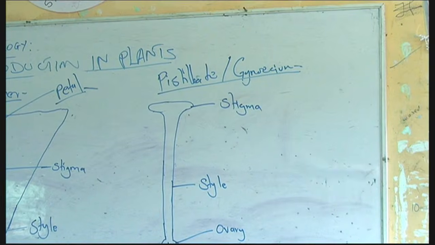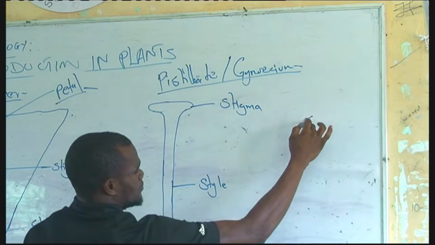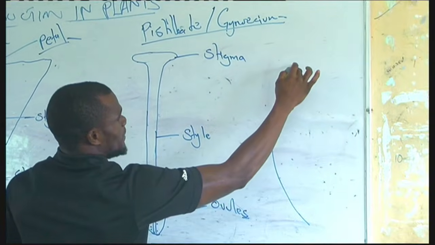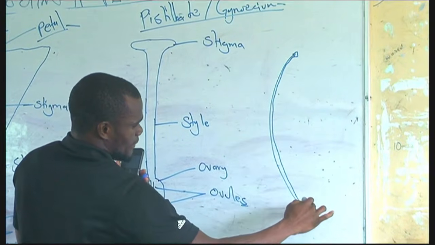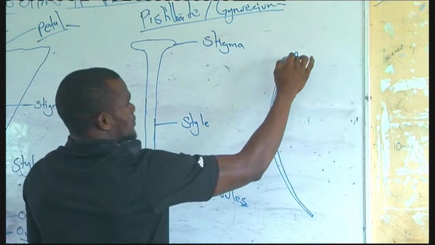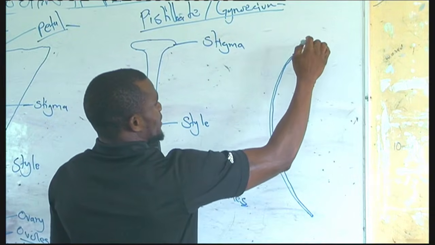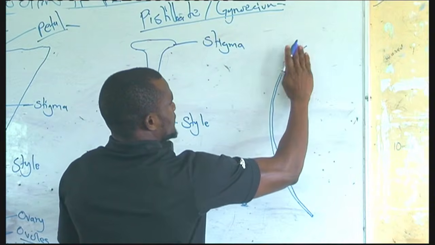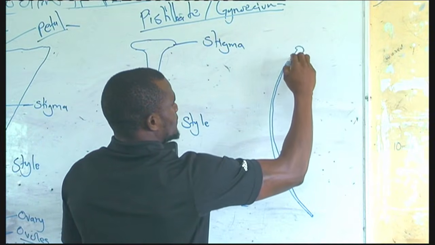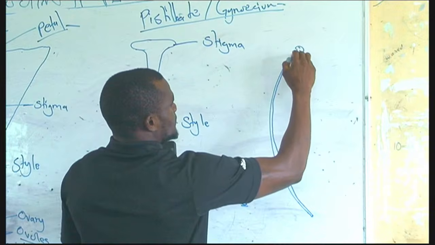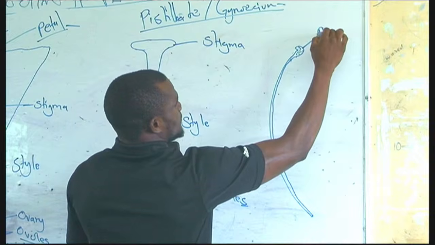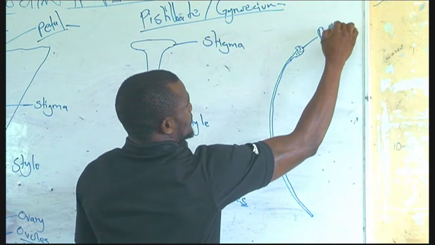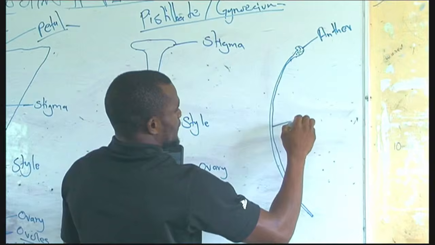No, you will do the same, where you will just draw the male part of a flower, whereby here we have the anther, and we have the filament.